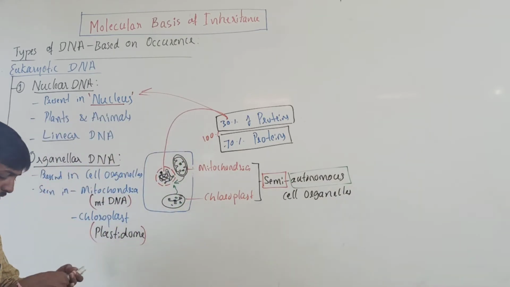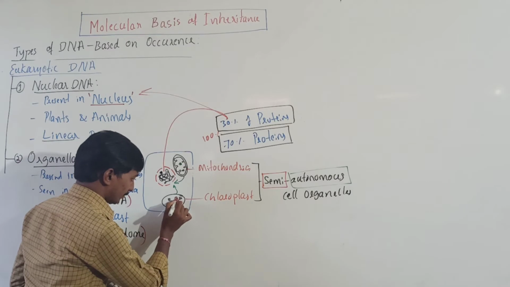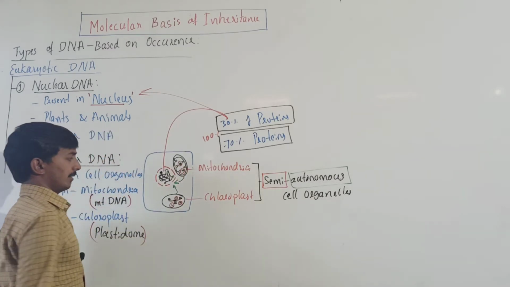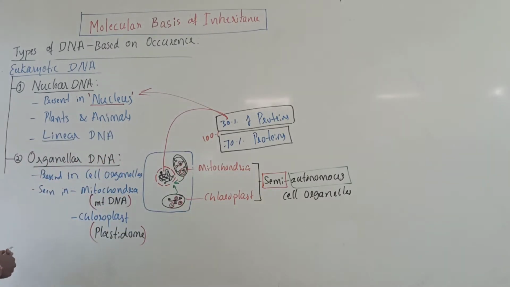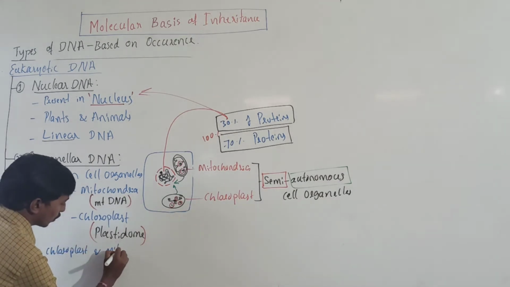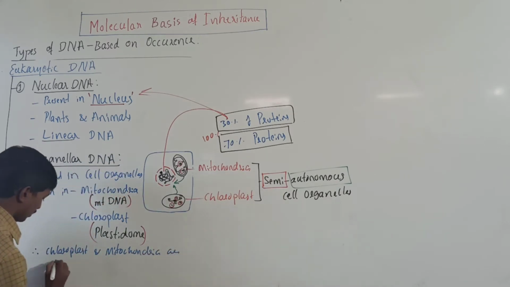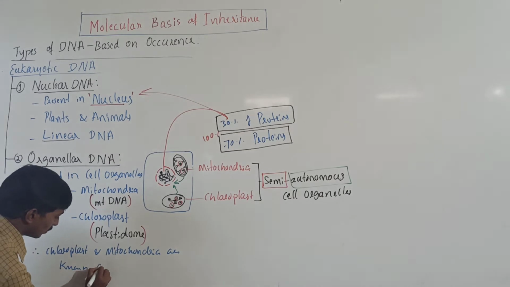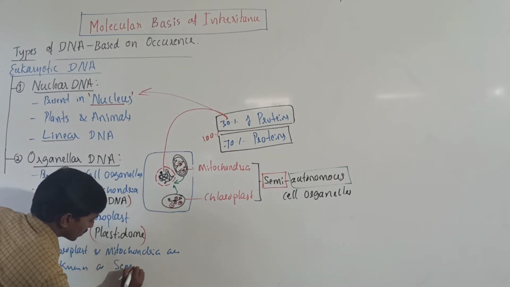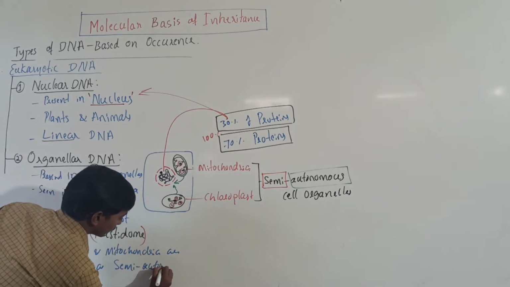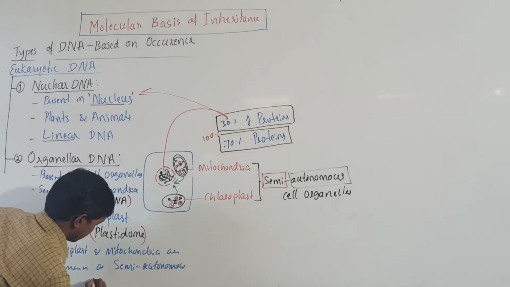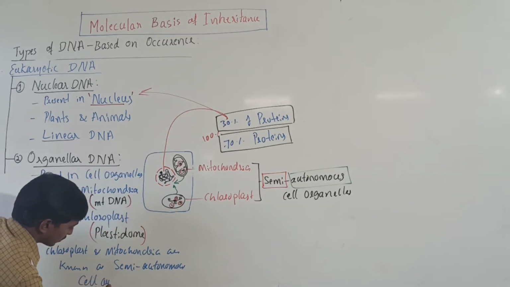Just because they have DNA in them, chloroplast and mitochondria are known as semi-autonomous cell organelles.